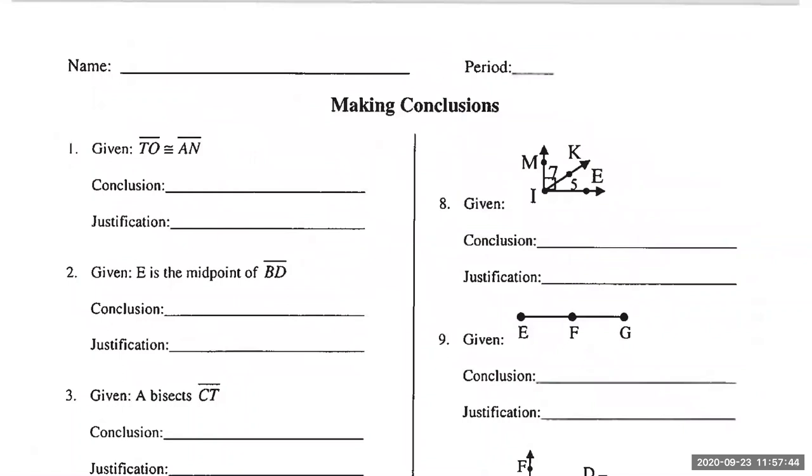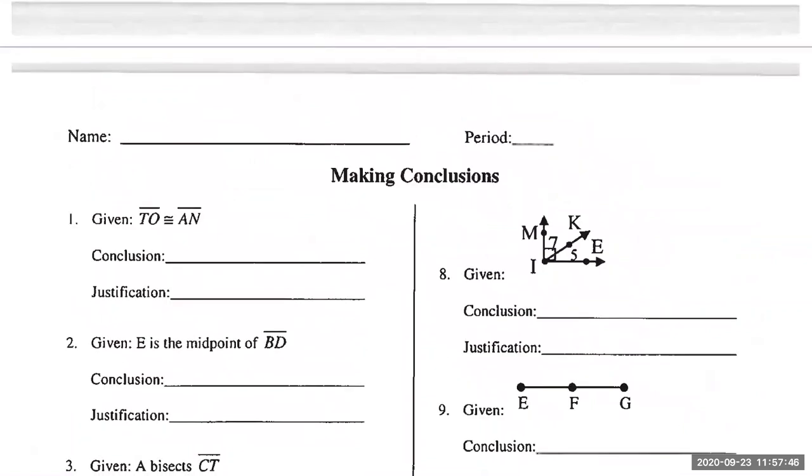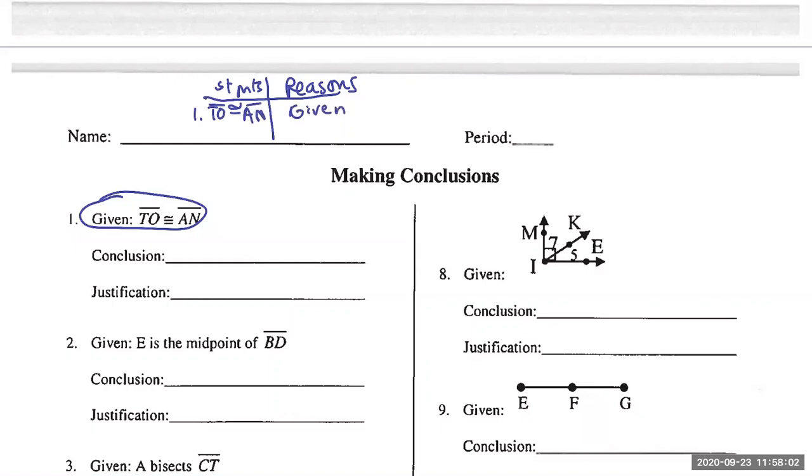I want you guys to see these problems as like the beginning of the proof. Let's say that you had statements on this side and reasons on this side. And let's say in problem number 1, you were given TO is congruent to AN, and they just wrote that that's given to us. We know that that's given. Okay, and then when they ask what's the conclusion, that's like, what's statement 2?